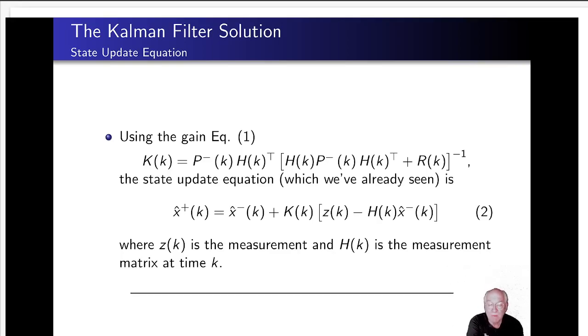And you can see how this equation indicates what I was saying in the last slide. If K were close to unity, then the term on the right, the H times the x hat minus, would effectively cancel with the x hat minus up front, and all we would be left with would be the measurement.